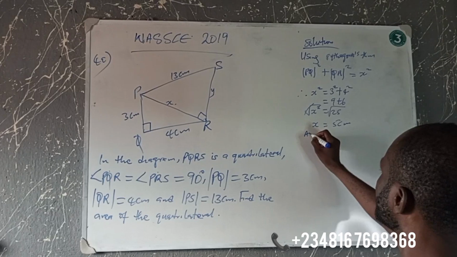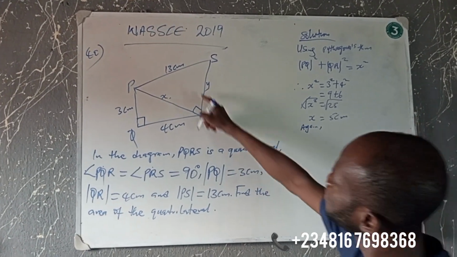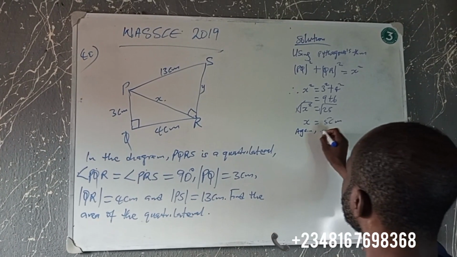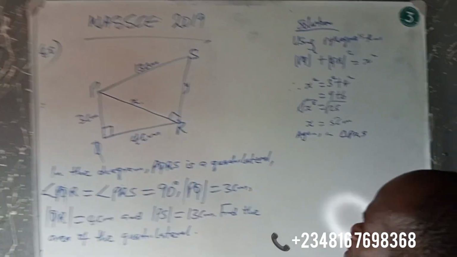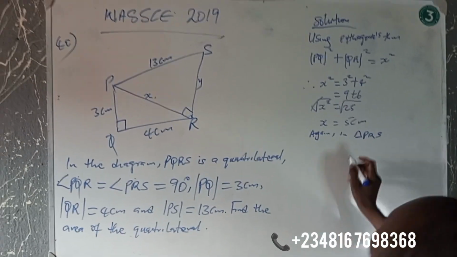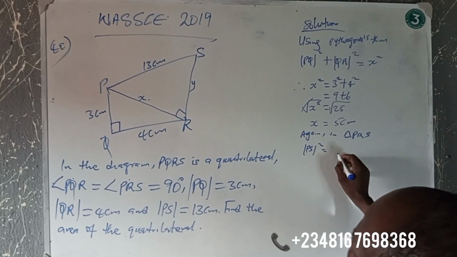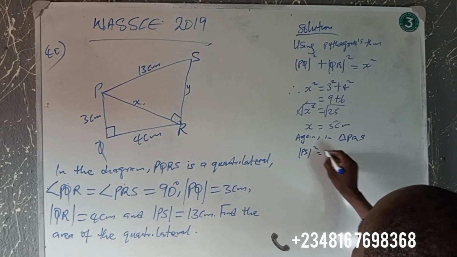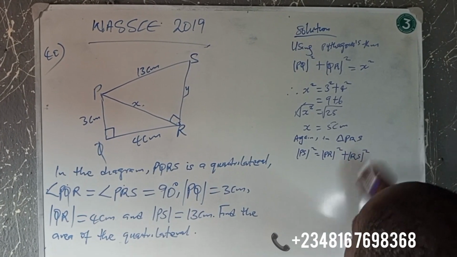Again, in triangle PRS, PS squared equals PR squared plus RS squared.